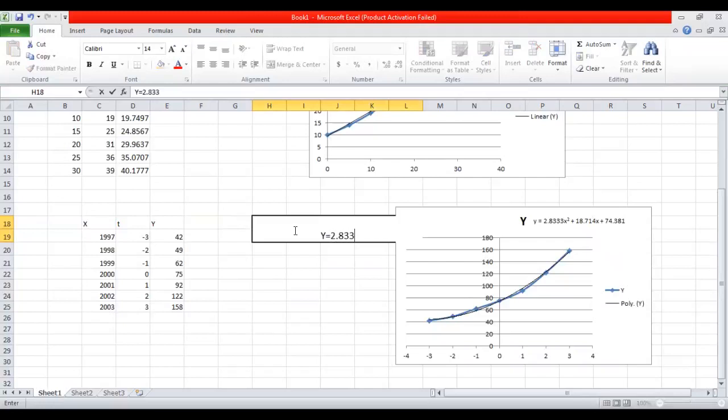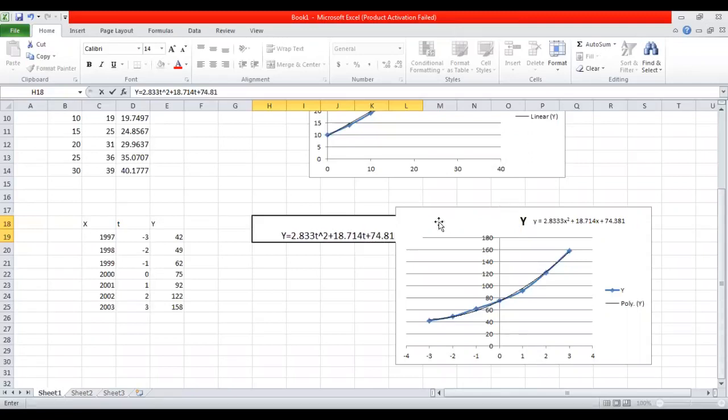2.833 t square, so this value is t square, plus 18.714 into t plus 74.381.